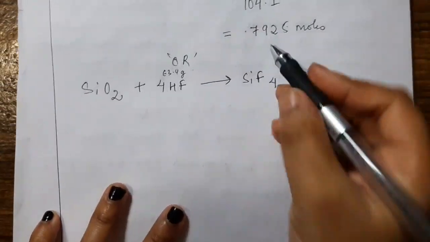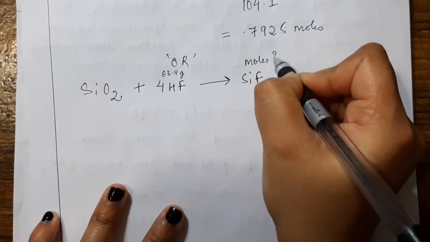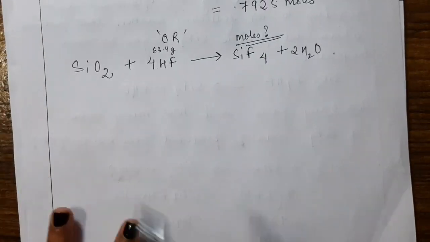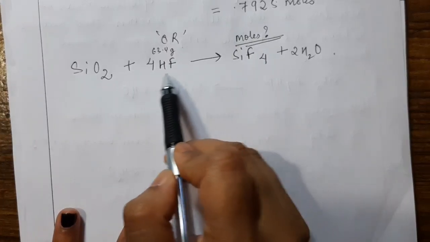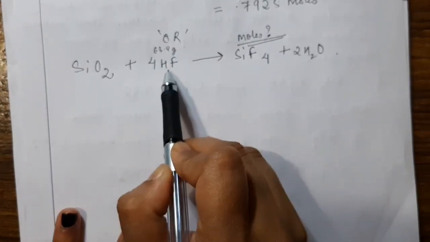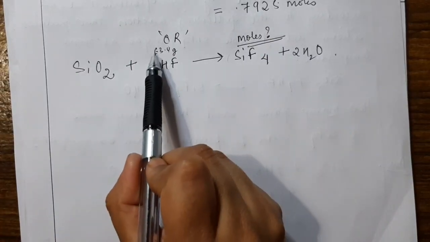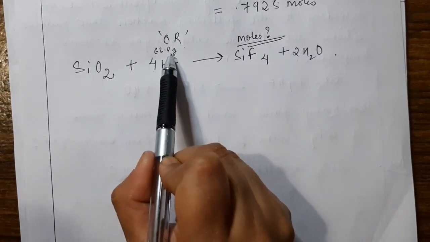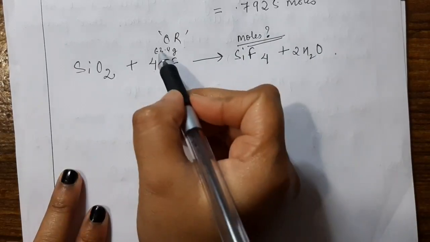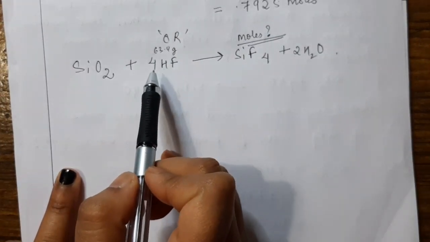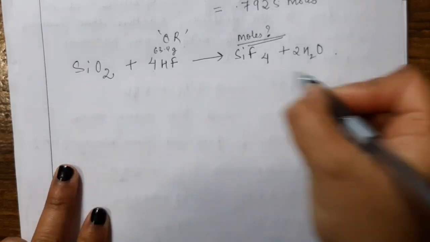You have to find out how many moles of SiF4. From the equation you can see 4 moles of HF will give you 1 mole. So this 63.4 grams will give you how many moles? What you'll do is, first convert 63.4 grams into moles.